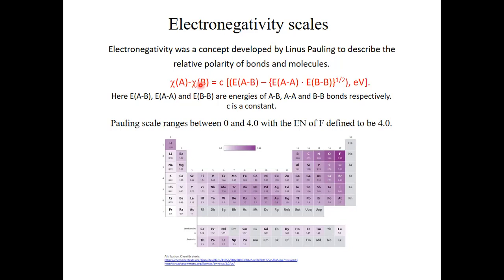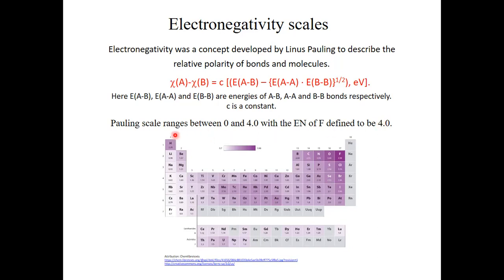Pauling defined fluorine as a reference element and assigned arbitrarily the value of 4.0, and the electronegativity of all the other elements would then be referenced to the electronegativity of fluorine.